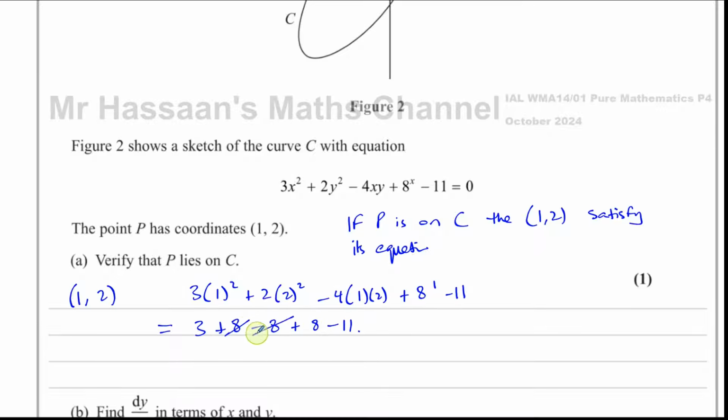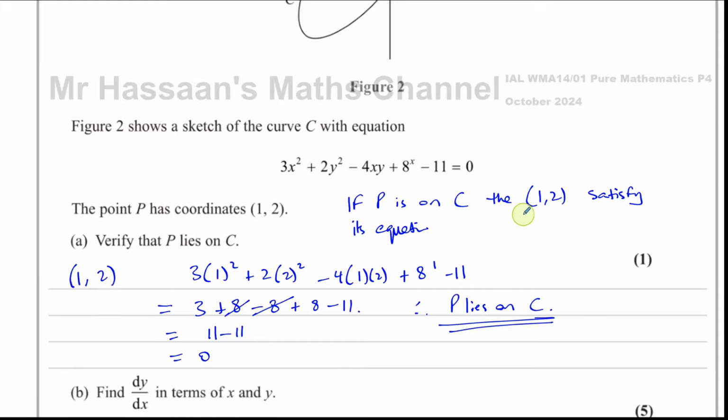So 8 minus 8 is 0, 3 plus 8 is equal to 11, and 11 minus 11 is equal to 0. Therefore P lies on C.